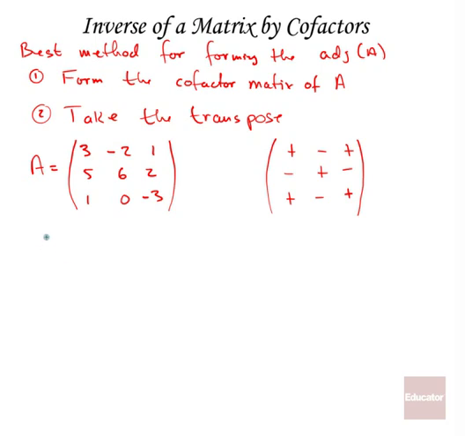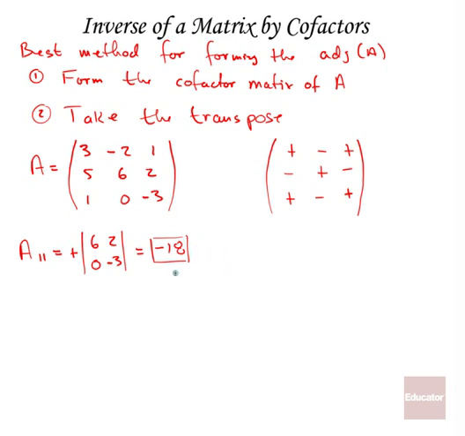So A11 is, remember, plus, and when you knock out this row and that column, you're left with 6, 2, 0, -3. The determinant is 6 times -3, which is -18, minus 0. So it's -18. That's that entry.